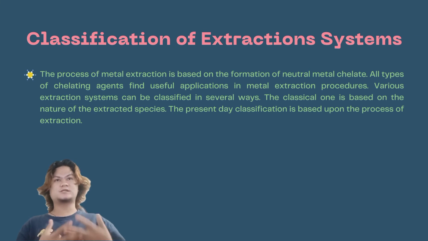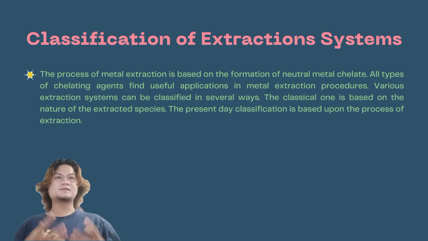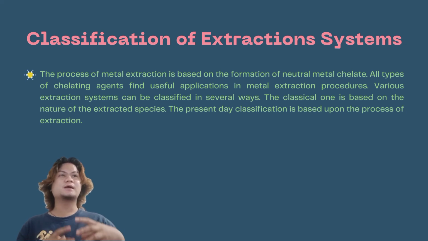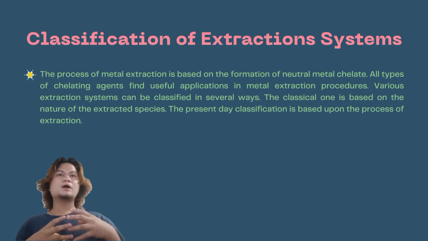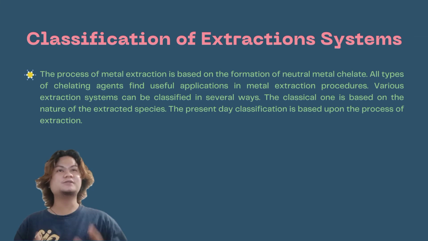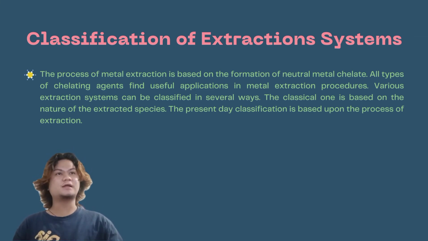Classification of extraction systems. The process of metal extraction is based on the formation of neutral metal chelate. All types of chelating agents find useful application in metal extraction procedures. The various extraction systems can be classified in several ways. The classical one is based on the nature of the extracted species.